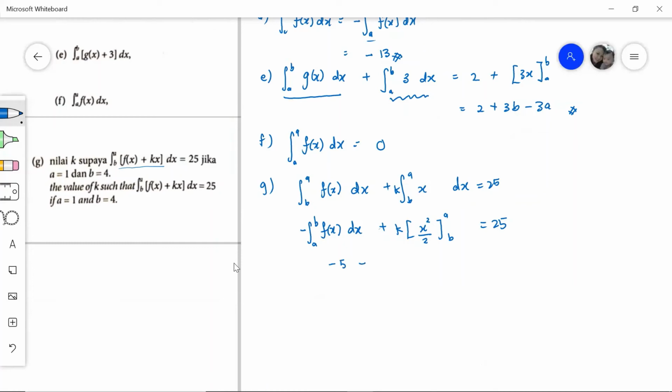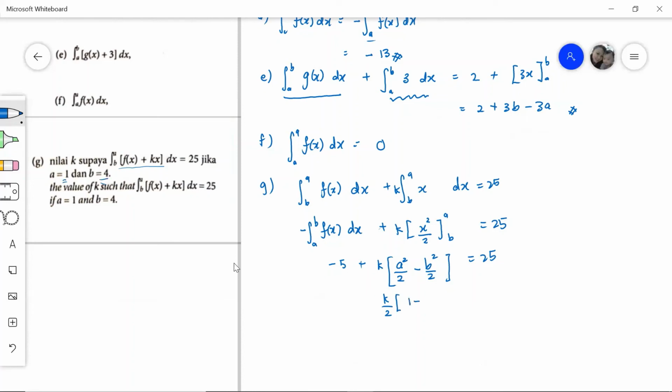-5 plus k. All right, we have a squared over 2 minus b squared over 2 equals 25. So we can factorize the 2 out. So we have k over 2. And what is a? What is b? a is given as 1, b is 4.